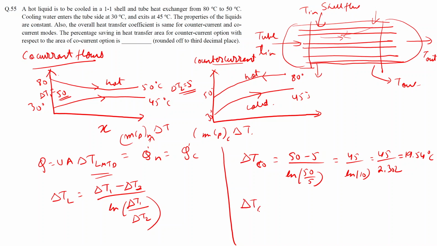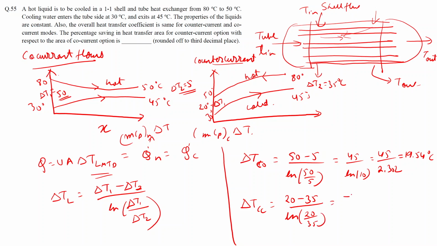Similarly, for counter current flow, here delta T1 is 20 degrees Celsius, and on this side delta T2 will become 35 degrees Celsius. So we can write this as 20 minus 35 on ln of 20 upon 35.